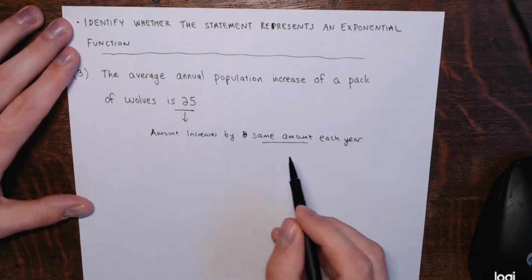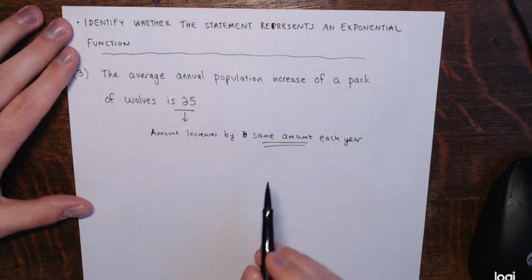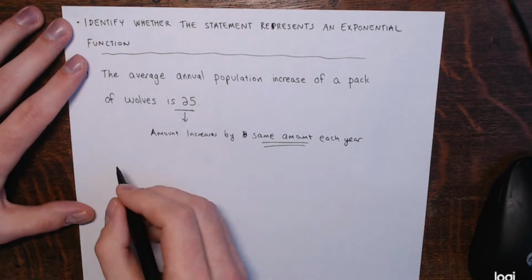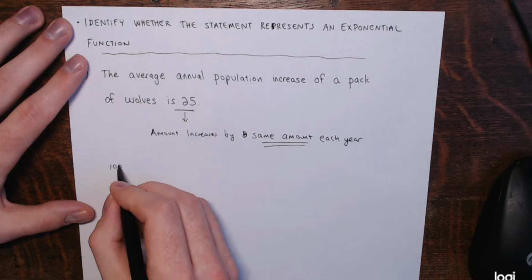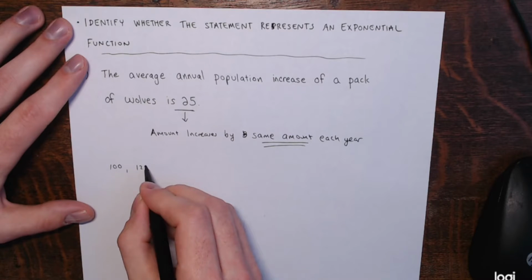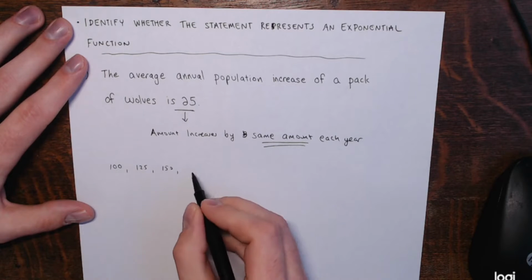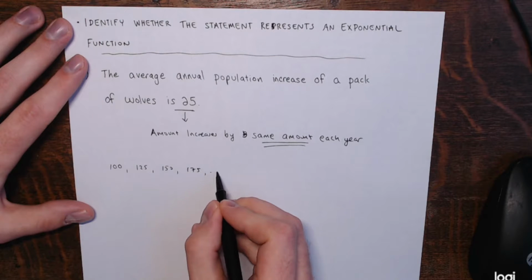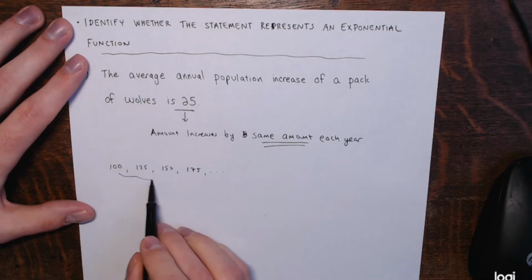But this whole increasing by the same amount every year, so like one year say it's 100, and then the next year it's 125, and then the next year it's 150, then the next year it's 175, and so on. That's a linear function, right?